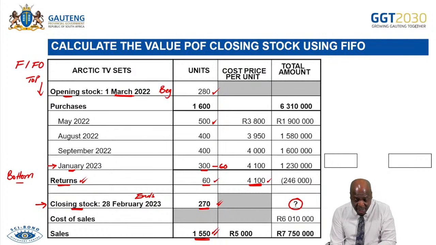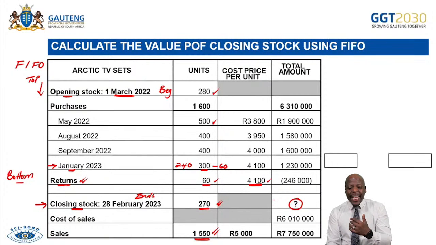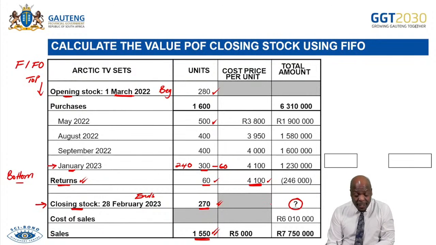Here you're going to get 240. Very, very important: before you even begin any calculations, look if there are returns. Once there are returns, subtract those returns so that you now know the accurate stock on hand, because once it's returned, it's no longer in the business.